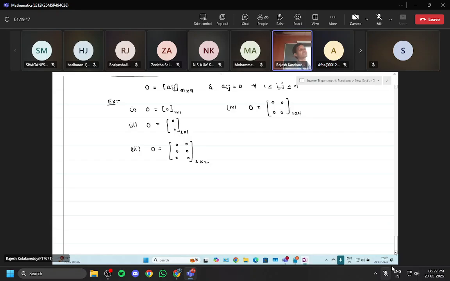First one: all square null matrices are upper triangular, lower triangular, scalar and diagonal matrices. Anything I left there? No, right? So write one point below.